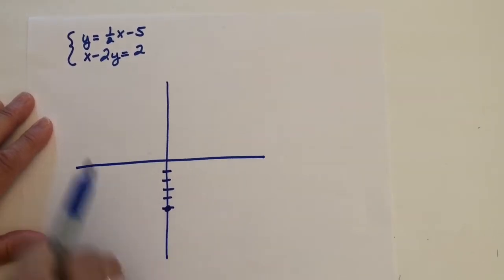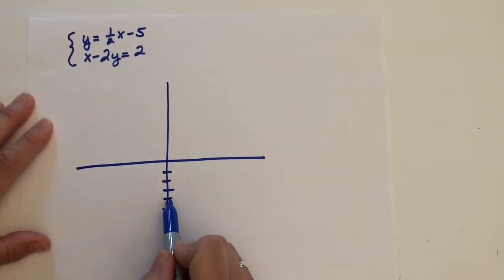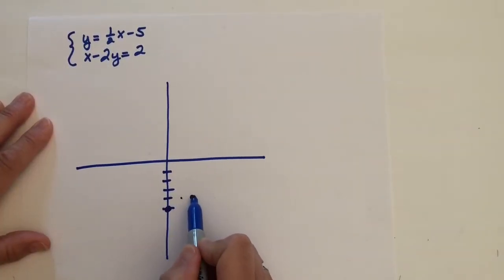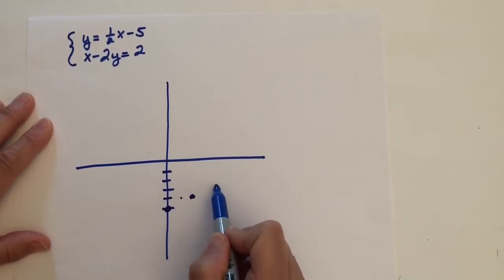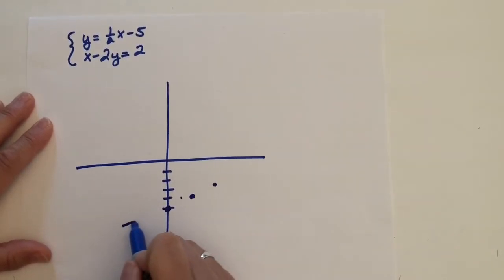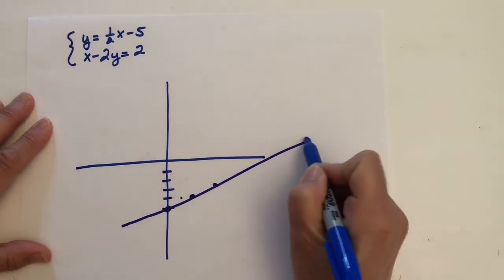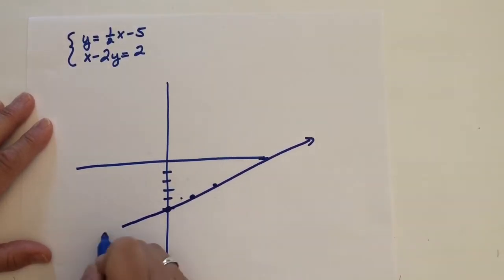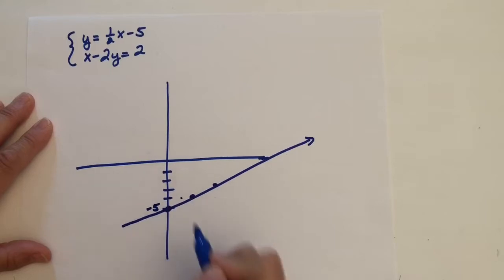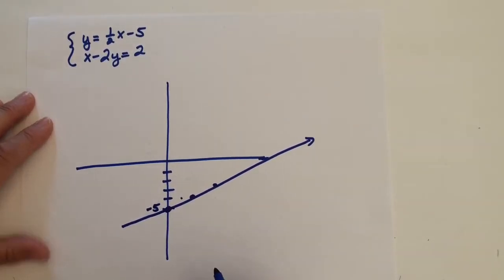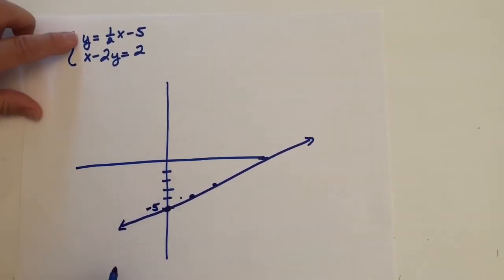My slope is 1/2. So up 1 over 2, up 1 over 2. And I have a line that looks like this. Now that's the graph of this first equation.